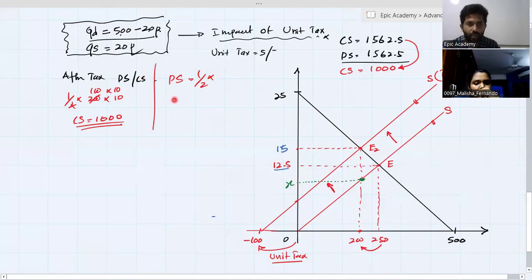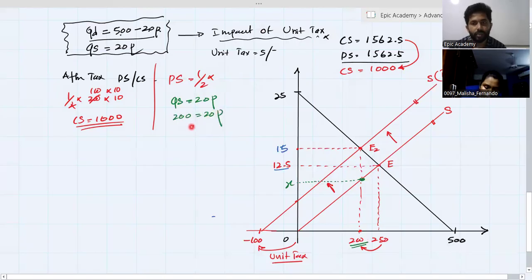Get the old QS curve, the QS equation. QS equals 20p. At that point, the quantity value is just 200. The value 200 in here. 200 equals 20p.